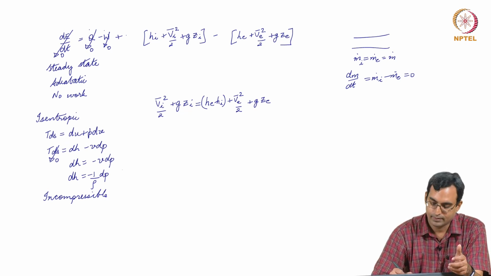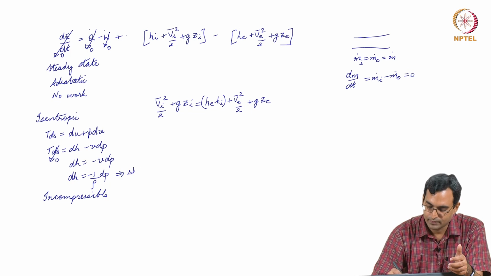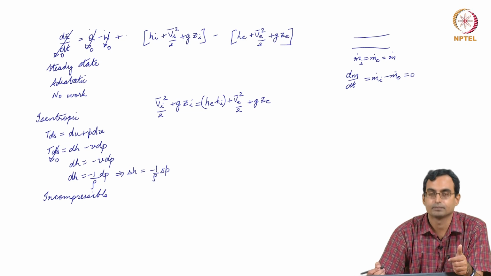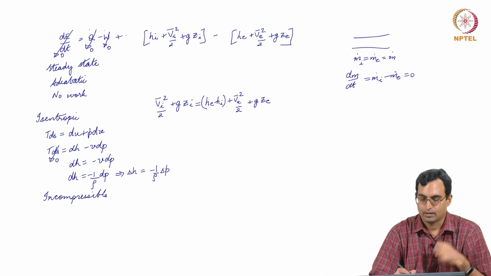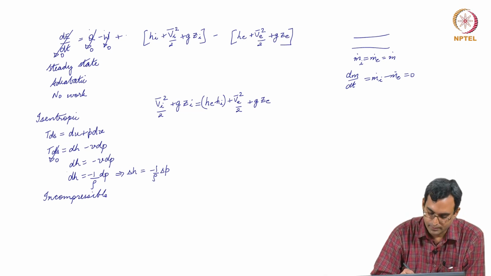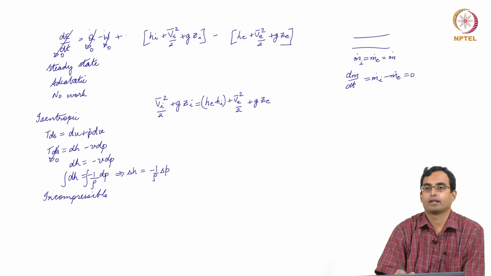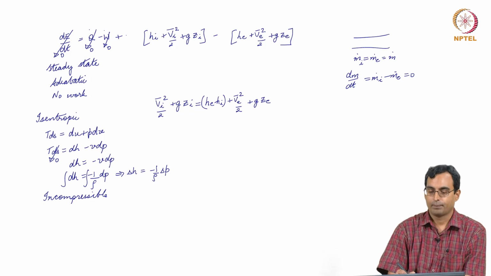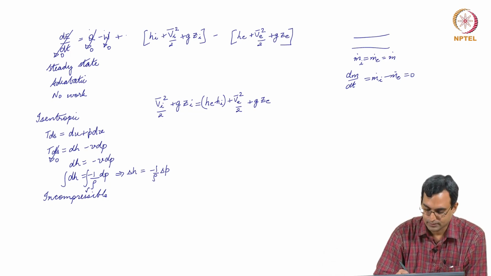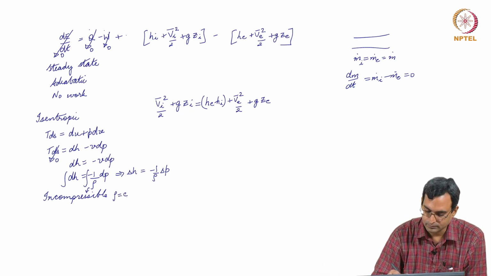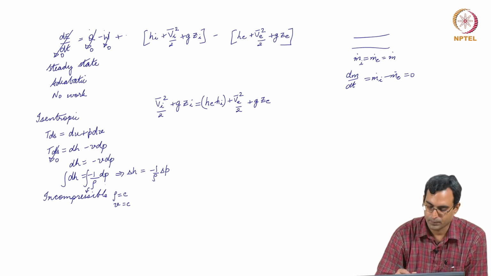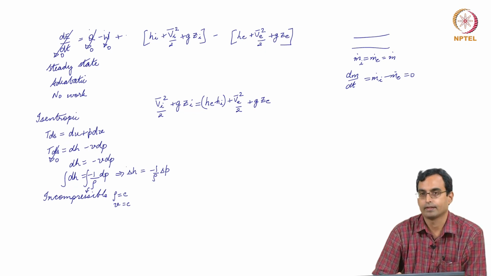I can integrate this, which then gives me that delta H is equal to minus 1 by rho delta P. Normally for integrating, if rho is not a constant, I cannot integrate. I need to know the relation between rho and pressure. But if I assume rho or specific volume is constant, then I can integrate this and I get this.